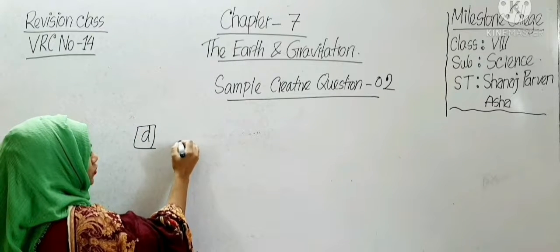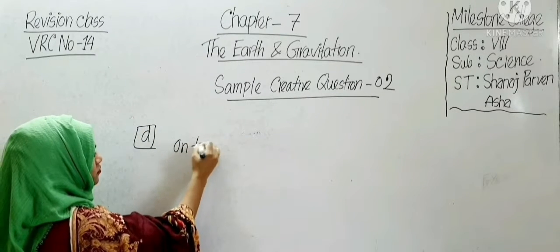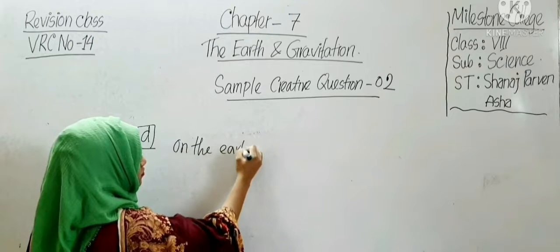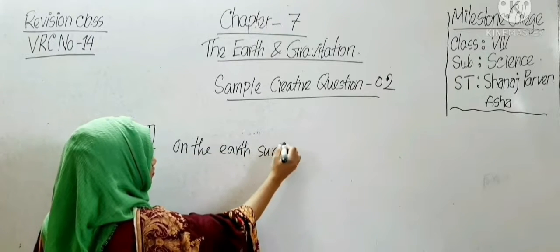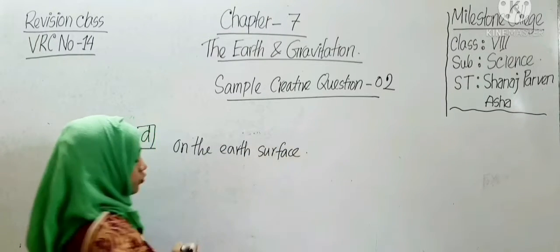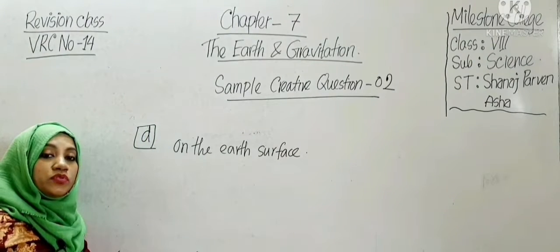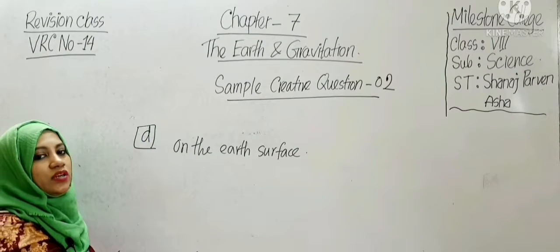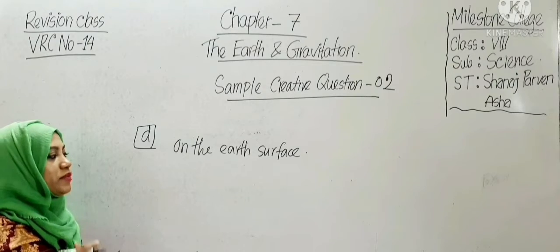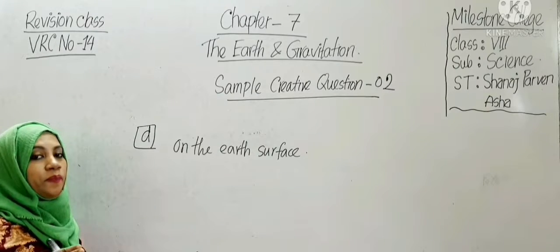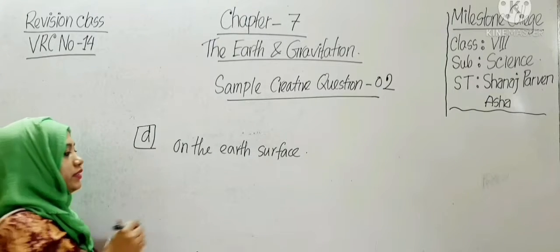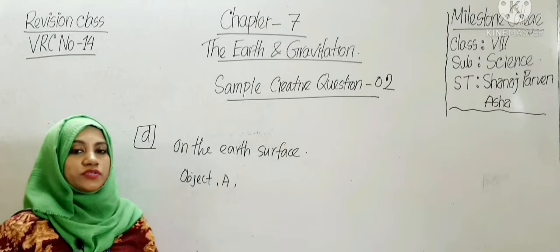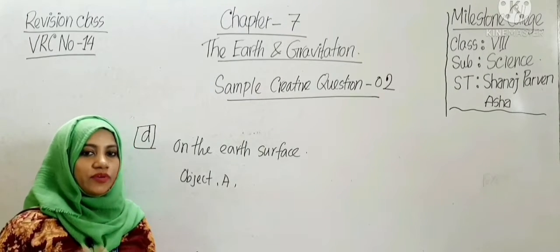D number, first, on the Earth. What you have to do? It is said sum total of weight of two objects. That means separately you have to find out the weight of two objects. So, okay, my dear students, for object A, what will be the weight?